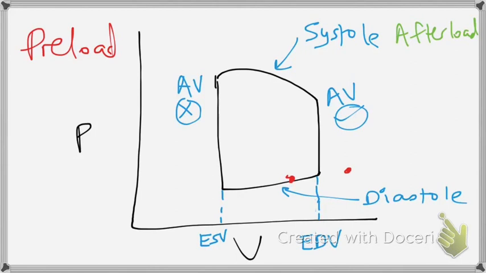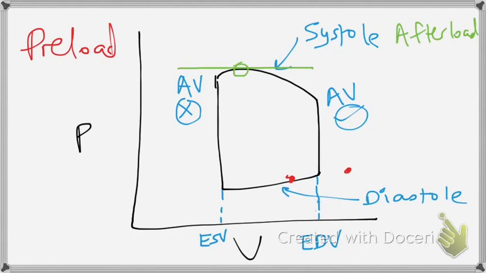Now remember that when I told you about the systole, which is shown with this blue arrow here, there's a maximum pressure in this entire system at this point. This point here is the max pressure at which our system works.